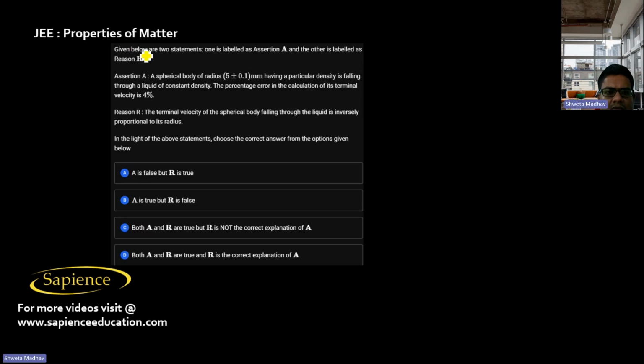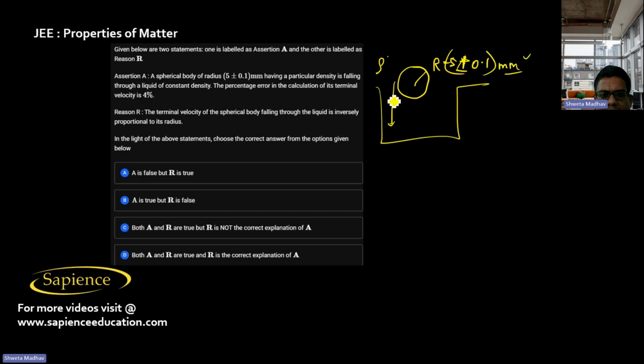Then here it is told, given below are two statements. One is labeled as assertion A and the other is labeled as reason R. The assertion A is: a spherical body having radius 5 plus or minus 0.1 millimeter, having a particular density, is falling through a liquid of constant density.